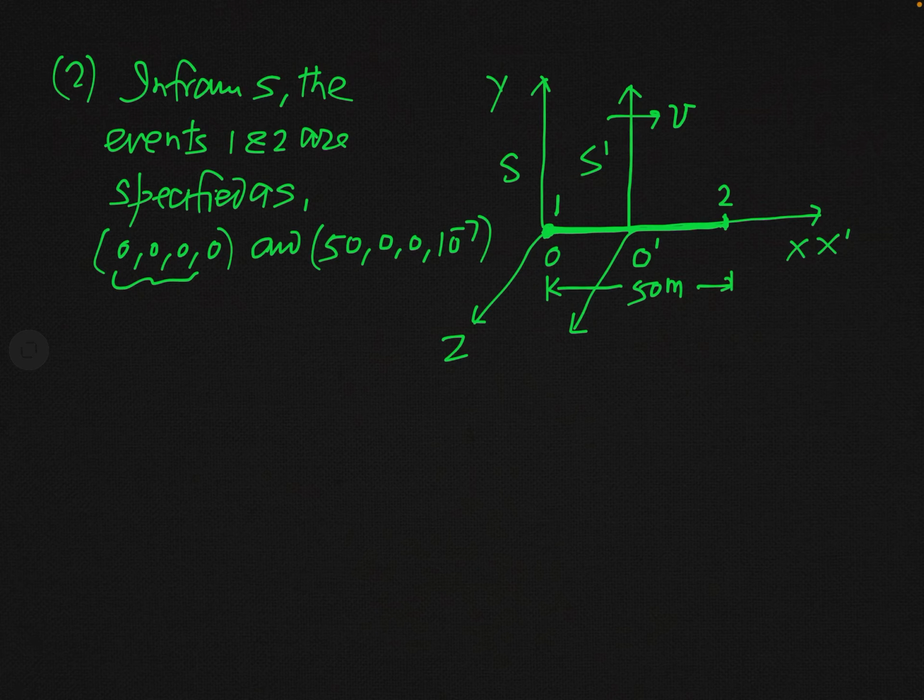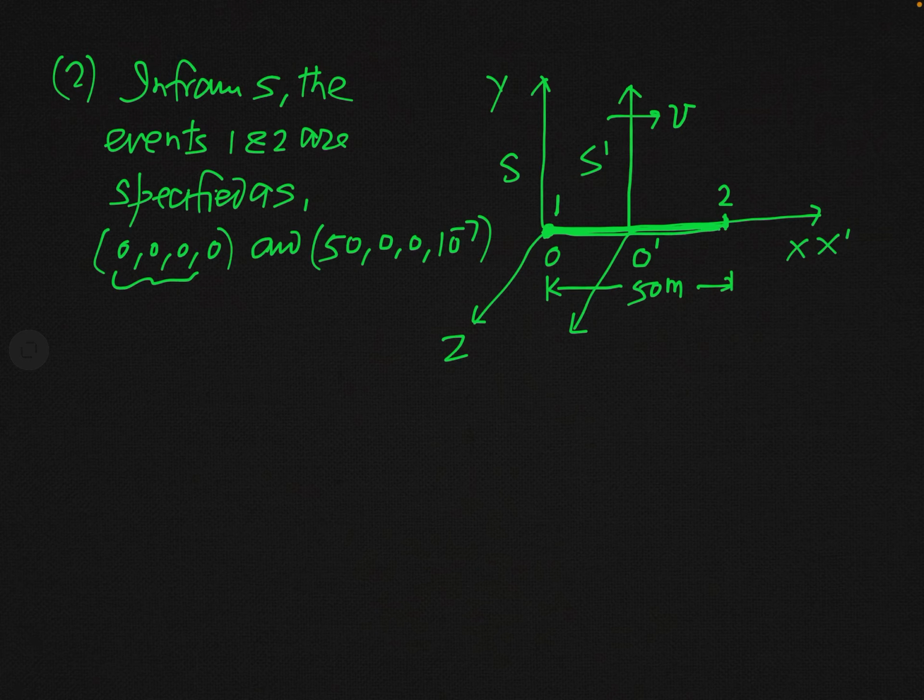Now the problem says that there is a frame, let us say S prime, which is moving with a constant velocity v in x direction, and the observer O prime of this another frame also observes the same two events. But this observer finds that these two events are taking place simultaneously. And when you say these events are simultaneous in frame S prime, what does it mean?